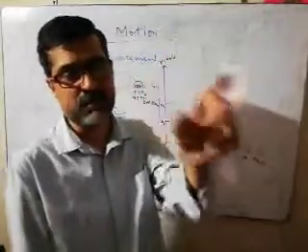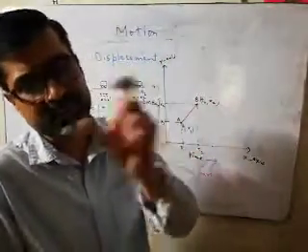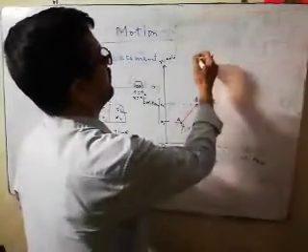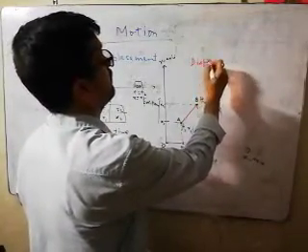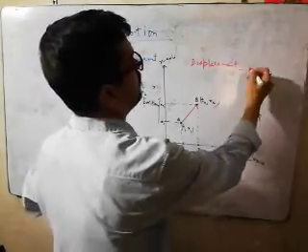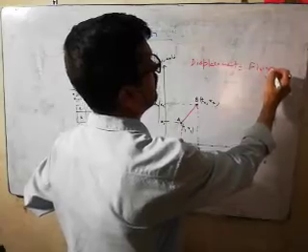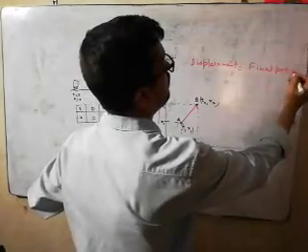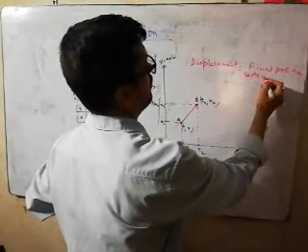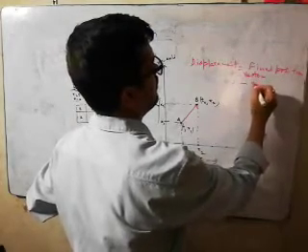That is final position vector minus initial position vector. So displacement is final position vector minus initial position vector.